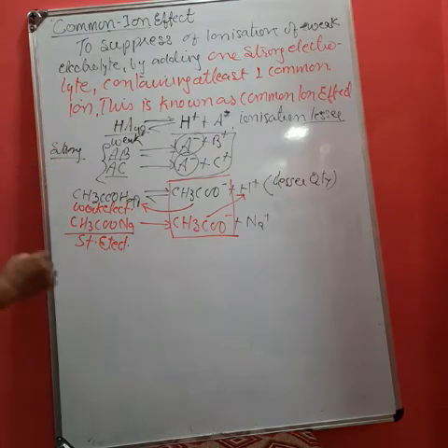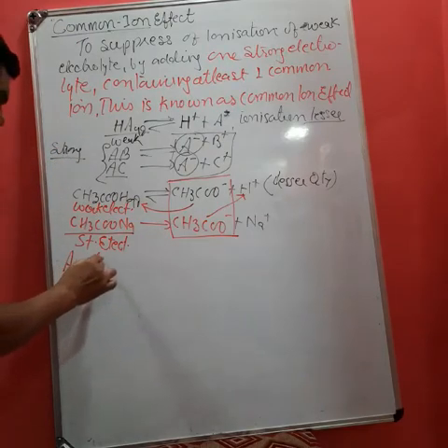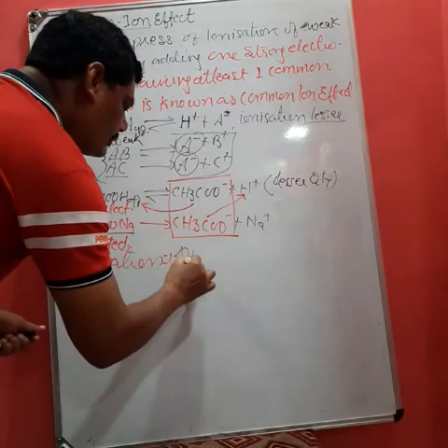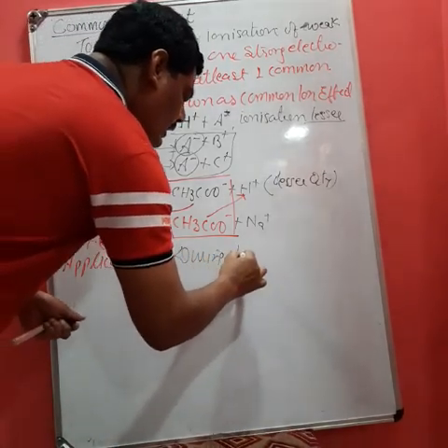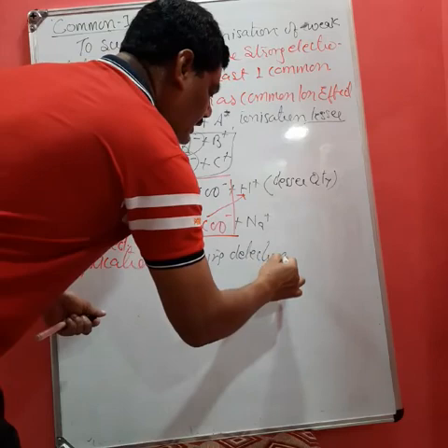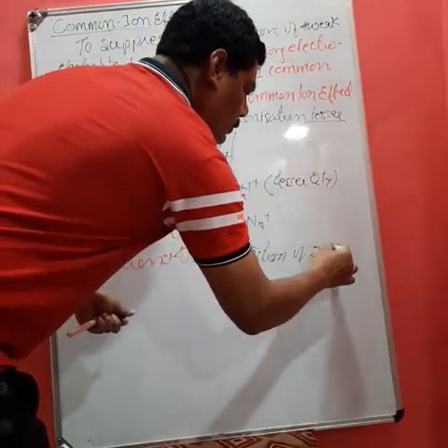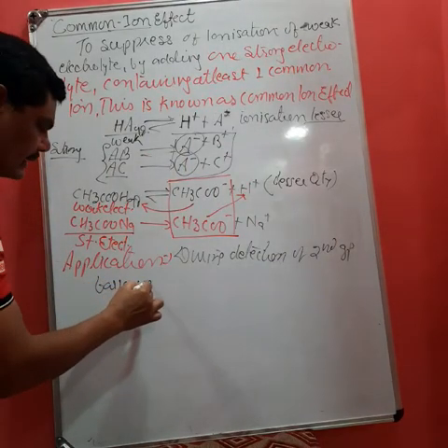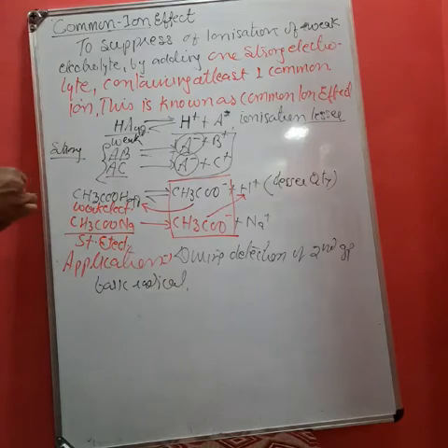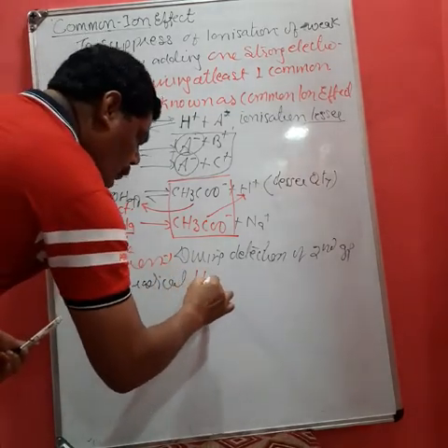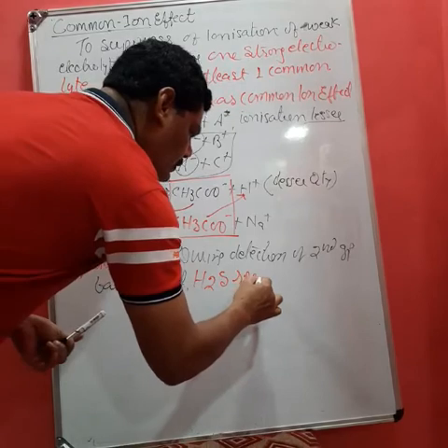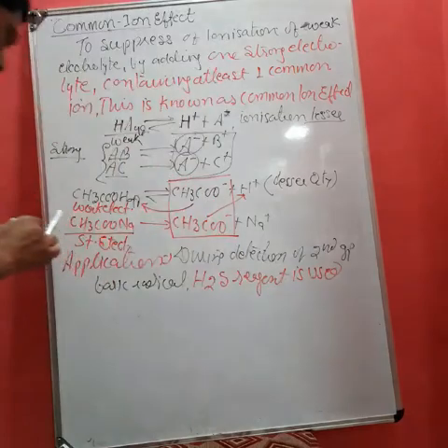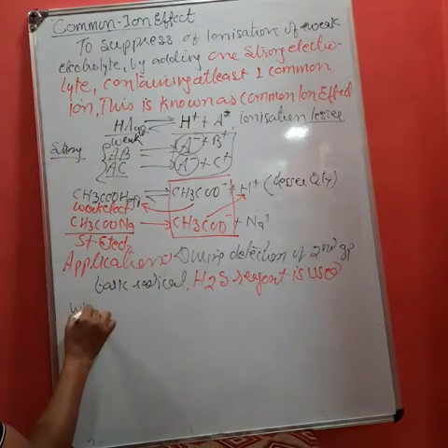Like student, its application is also there, and this application is very important. During detection of second group basic radicals, H2S reagent is used, which is a weak acid.